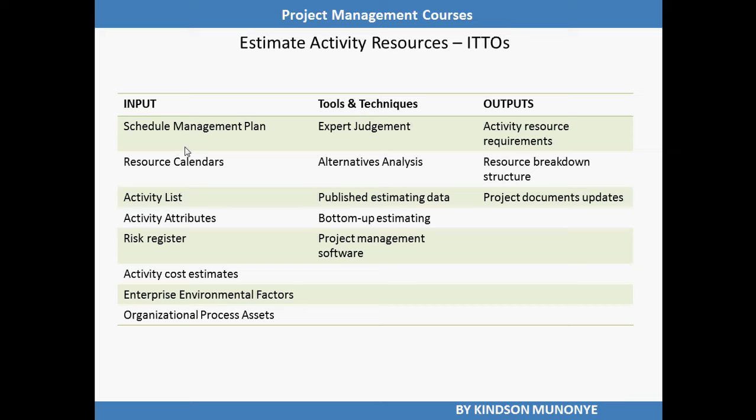They are as follows: expert judgment, alternatives analysis, published estimating data, bottom-up estimating, and project management software. We have 3 outputs from the estimate activity resources process: activity resource requirements, resource breakdown structure, and project document updates. As usual, we'll be asking ourselves questions: why do we need this input for this process?